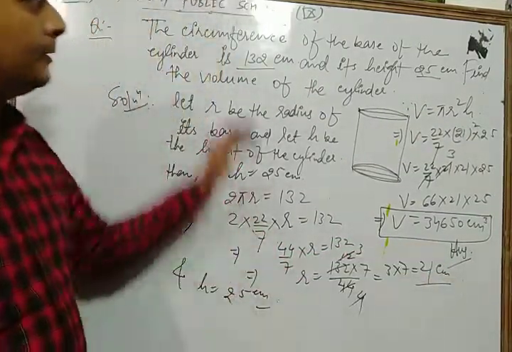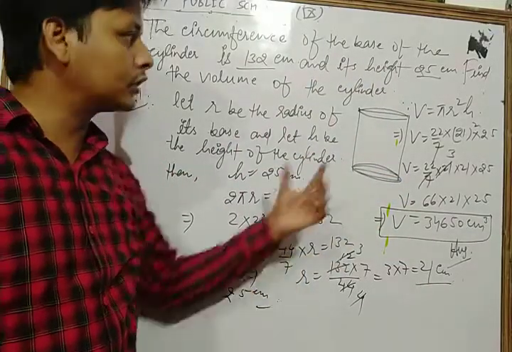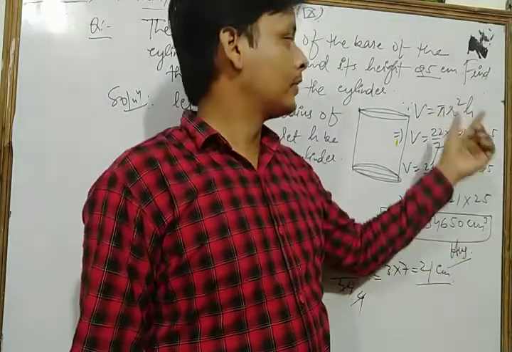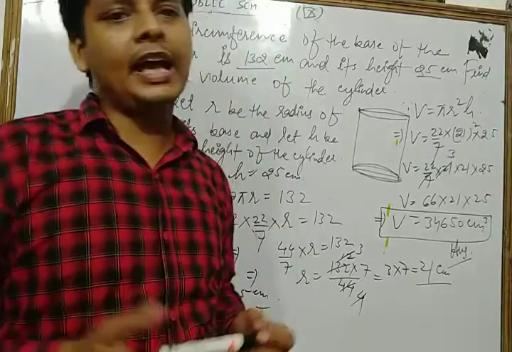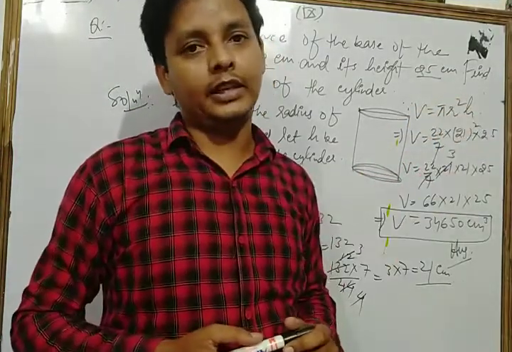Let's see once more. In this question, we know that the formula for the volume of the cylinder is pi r square h. For finding the volume of the cylinder, first of all we need the value of the radius r and the height of the cylinder.